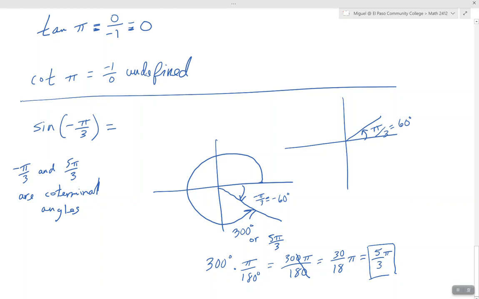They take you to the exact same place, but they can look different. They can have different values, but they take you to the exact same place. So instead of worrying about sine of negative pi over 3, now we're going to worry about sine of 5 pi over 3.